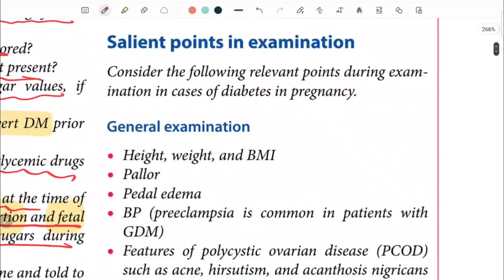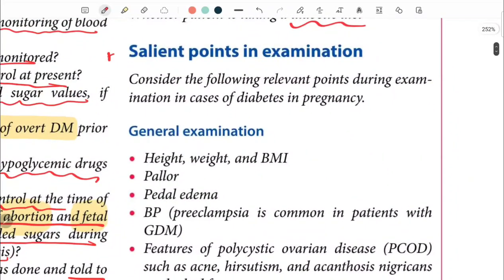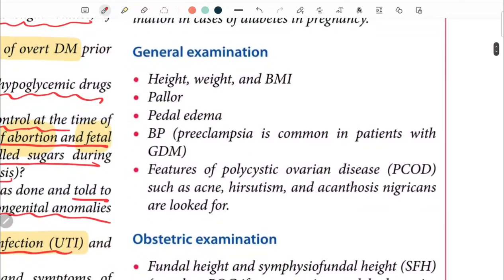Now moving on to the salient points in case of examination in an overt DM or GDM case. Consider the following relevant points during examination. First, what are we going to look for in general examination?